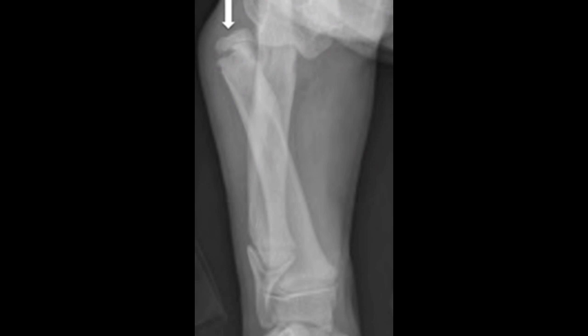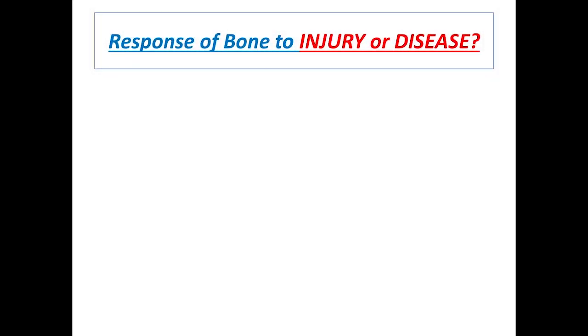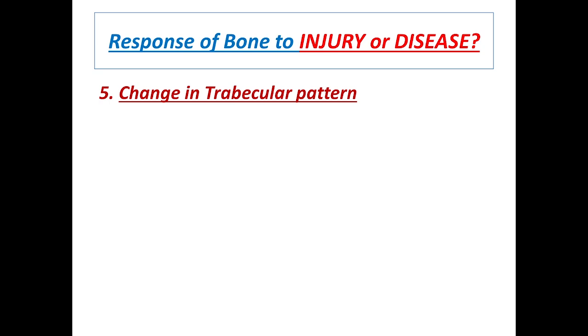Change in the trabecular pattern is also a very important bone response. First I want to clarify what trabeculae are. Trabeculae are small beams that may be spongy or sometimes porous, composed of hard and soft tissue components.